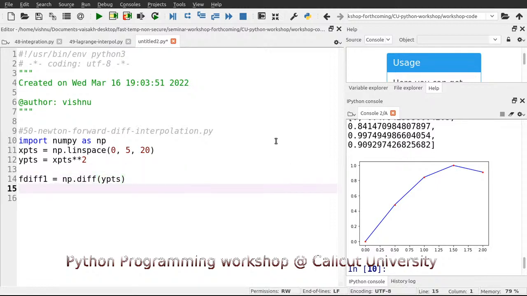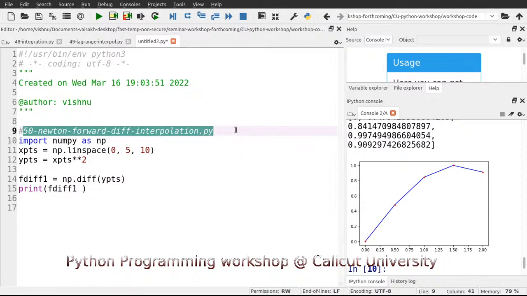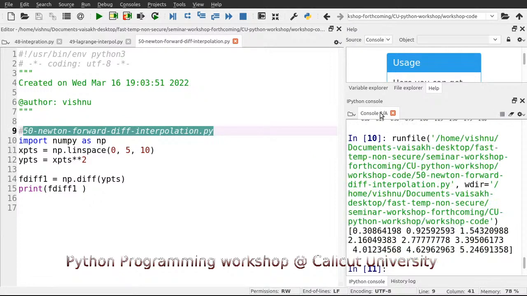So let us see y points first. To make things easier, let us try to put only 10 points. Okay, saving it. Oh, only the differences are shown.